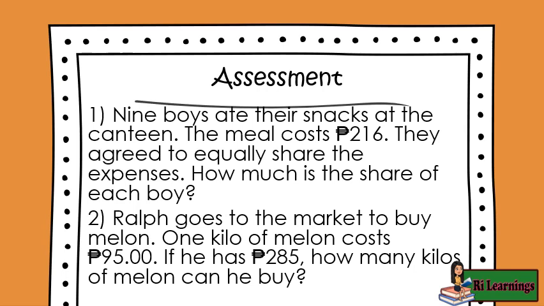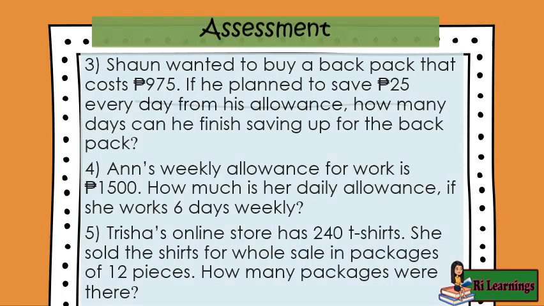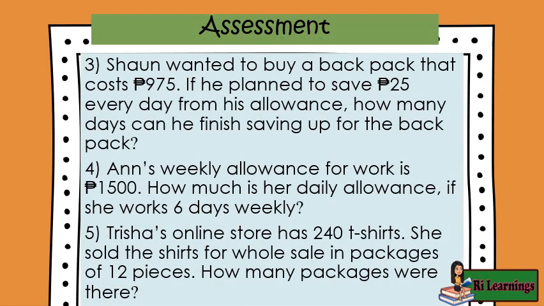Two, Ralph goes to the market to buy melon. 1 kilo of melon costs 95 pesos. If he has 285 pesos, how many kilos of melon can he buy? Three, Sean wanted to buy a backpack that costs 975 pesos.